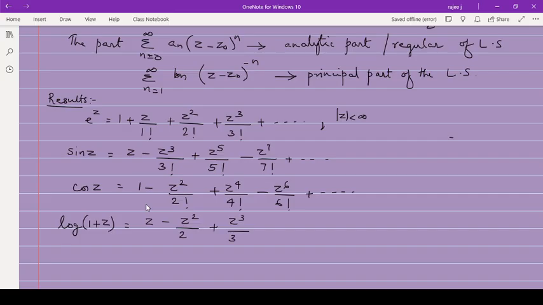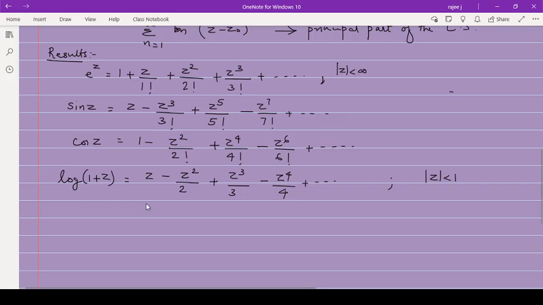All this we are getting from the Maclaurin series, minus z raised to 4 by 4 plus etc. And here mod of z is less than 1. This is the condition. Only if mod of z is less than 1 can you expand it like this.